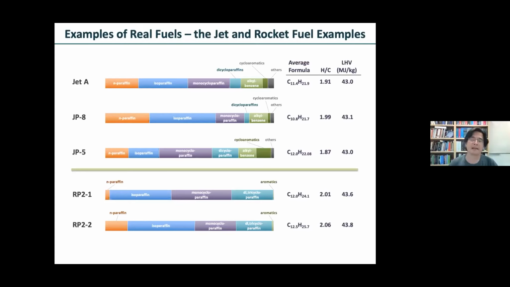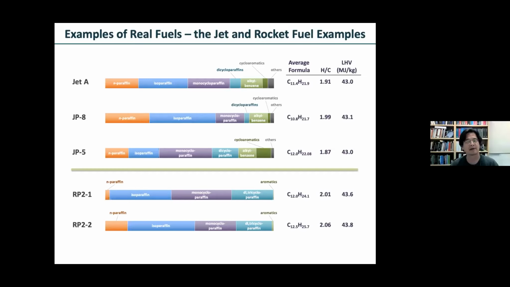So let me first just start it off by describing some examples of real fuel. Okay, the top three are jet fuel, Jet A, JP8, JP5, and they are more or less the same thing. They are just having different additives, and maybe some is sootier than the other.